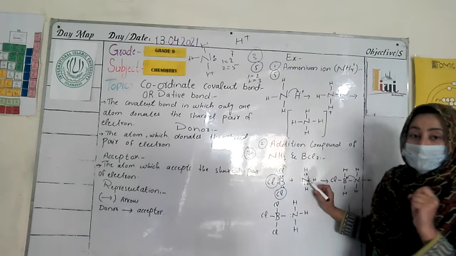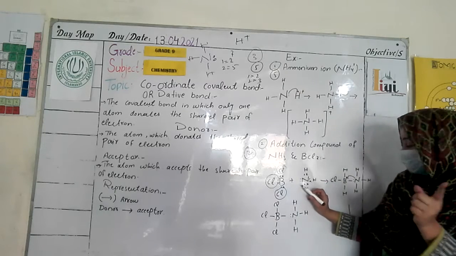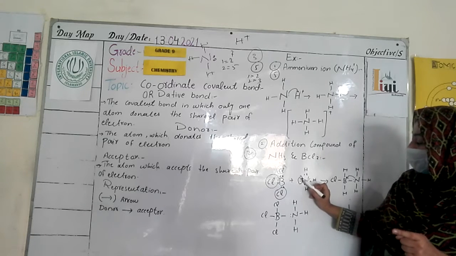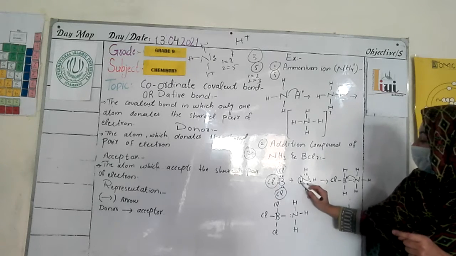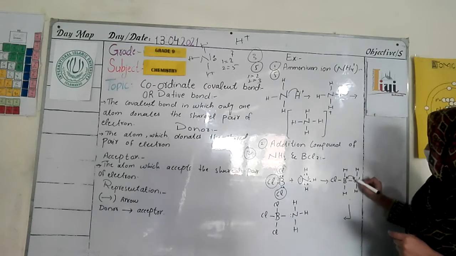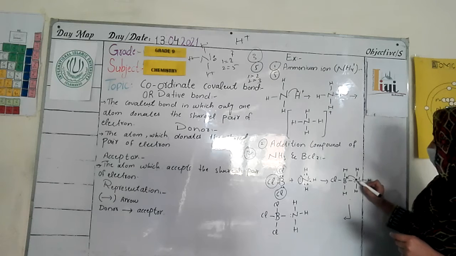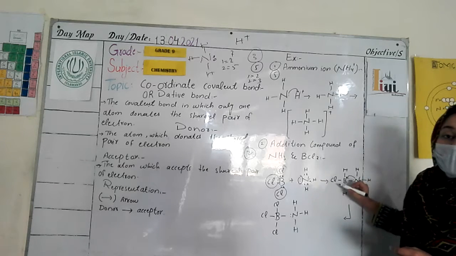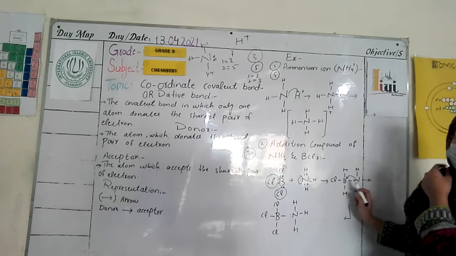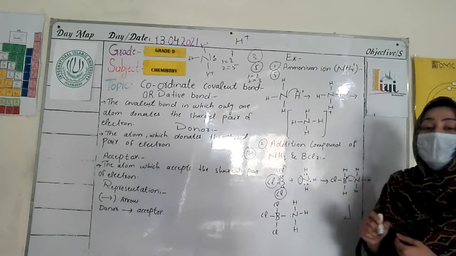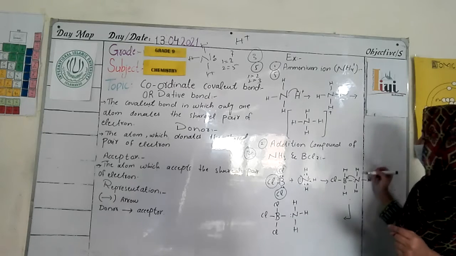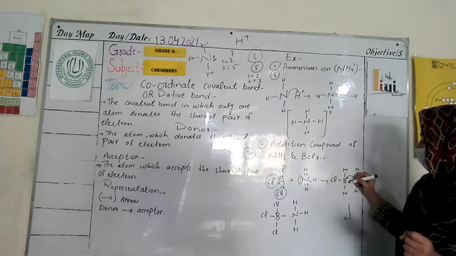In this reaction, we said that nitrogen has one lone pair. So what will happen with these 2 electrons? These 2 electrons are donated by nitrogen to boron. The arrows show that the electrons move from nitrogen toward boron. So nitrogen donates its electrons to boron: nitrogen is a donor and boron is an acceptor.